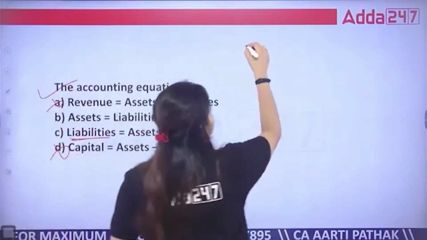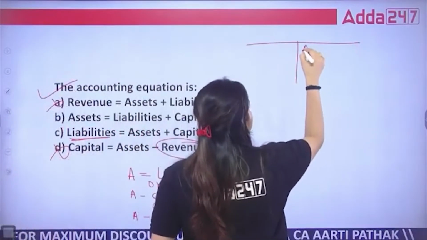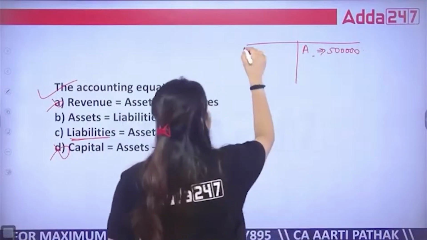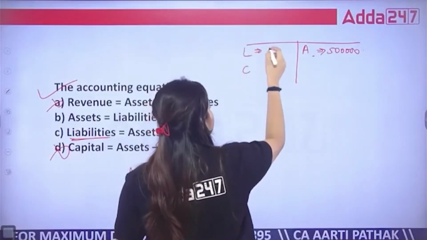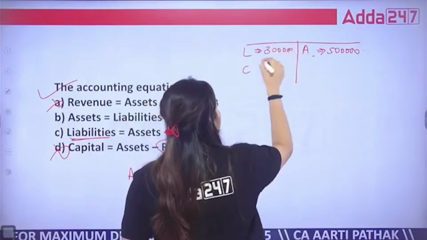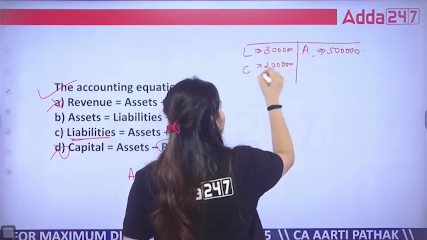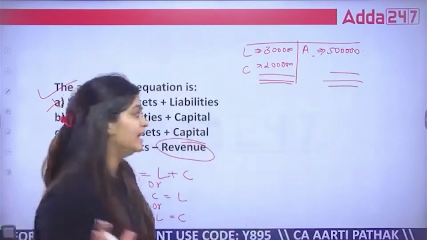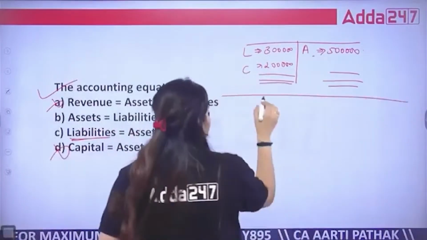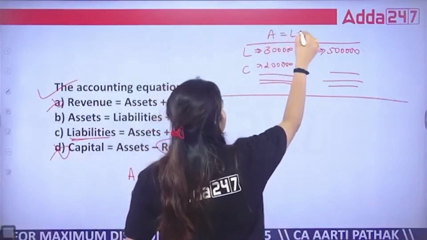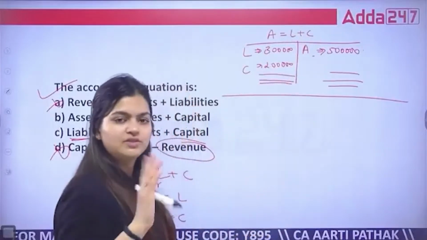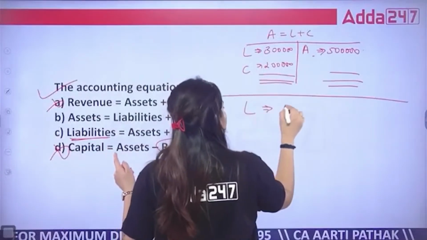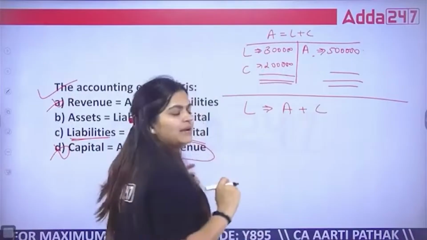Suppose assets equal 5 lakhs. Liabilities and capital, suppose this side is 3 lakhs and this side is 2 lakhs. Both sides are equal now, correct? Everything is now correct. Both sides are 5 lakh. Now they are saying that if you want to calculate liabilities, adding assets plus capital will give you liabilities. Let's check.